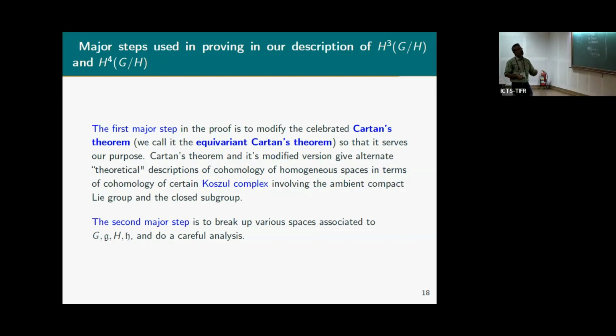It gives an alternate description for the cohomology of homogeneous spaces, and we have to modify it a little bit to suit our purpose because they assume H is connected. Then we have to do a lot of analysis, breaking up the spaces G and G mod H, and a careful, very subtle analysis to obtain this formula.